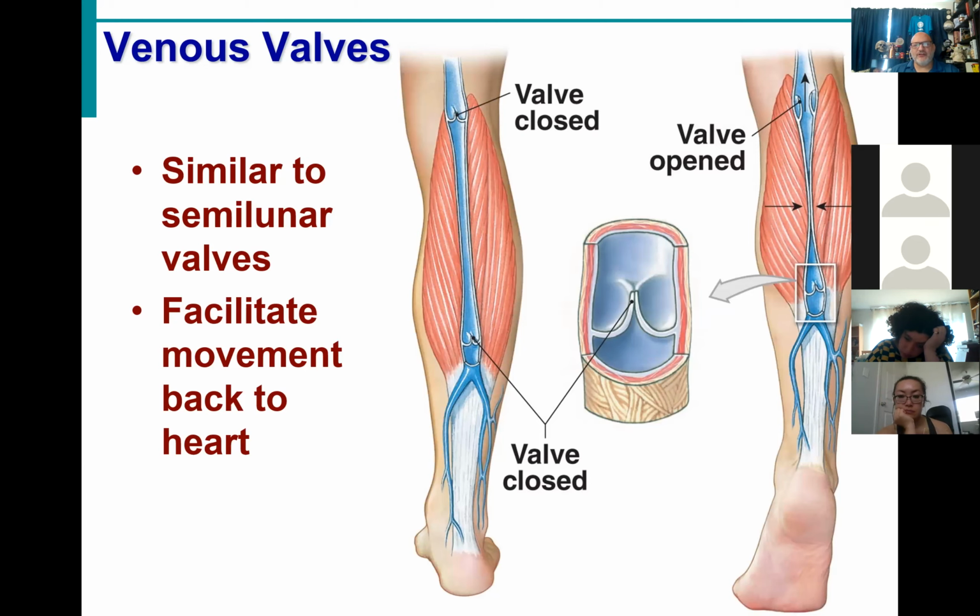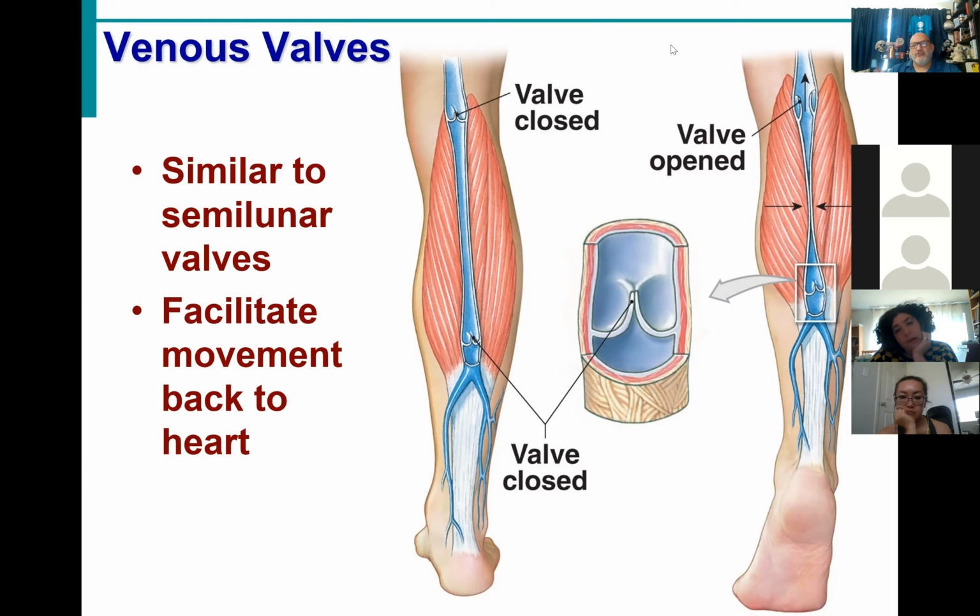Gastrocnemius. Excellent, the gastrocnemius. Notice, as we know, being primarily a parallel muscle, when a parallel muscle contracts, not only does it get shorter, but it typically gets wider as well. So notice when we flex the gastrocnemius by doing a plantar flexion, as we see here, that squeezes the blood located within this portion of the vein.